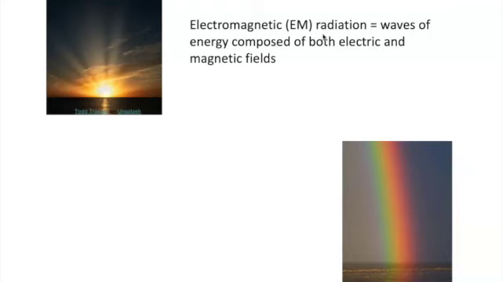So it radiates from a source like the sun, or microwaves. Those radiate out from the microwave source, or light, even a light bulb. So radiating outward as a wave, they're waves of energy.